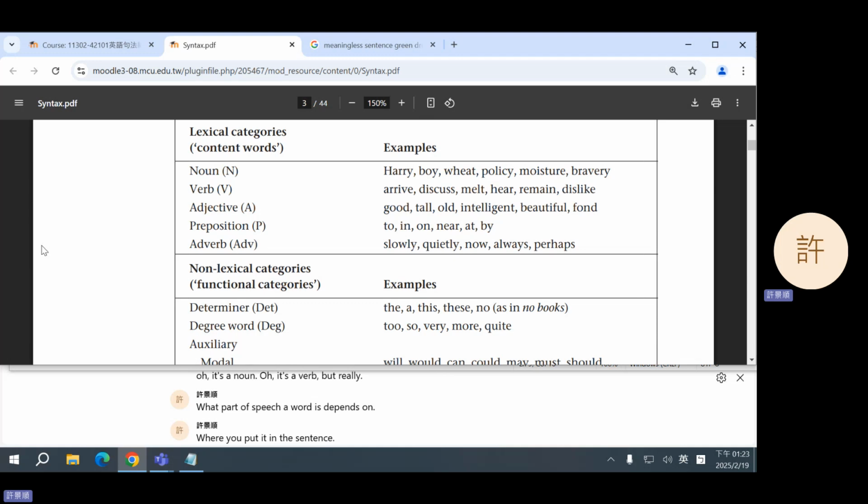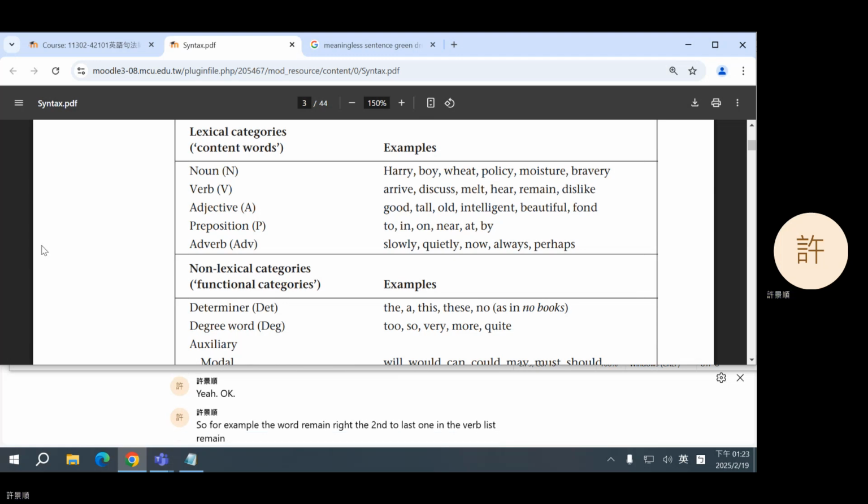For example, oh wow, this textbook really got some unique words here. Okay, so for example, the word remain, the second to last one in the verb list, is sometimes used as a noun.